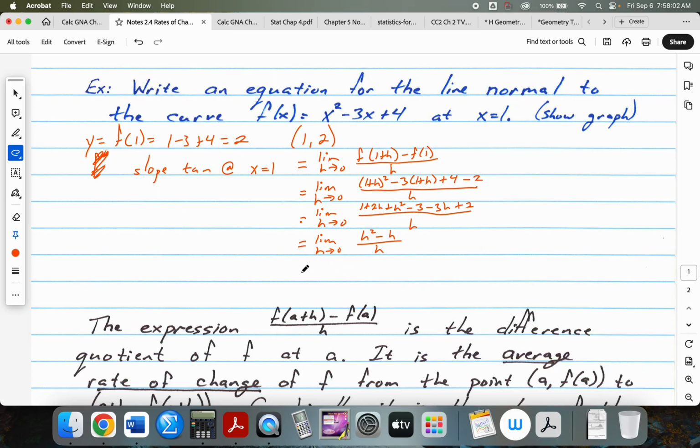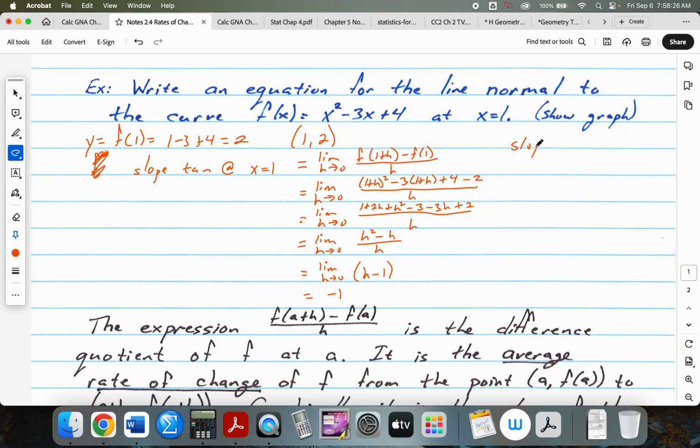So then, if I divide through by the h, I've got the limit as h goes to 0 of h minus 1. And what is that as h gets close to 0? -1. So that's the slope of the tangent.